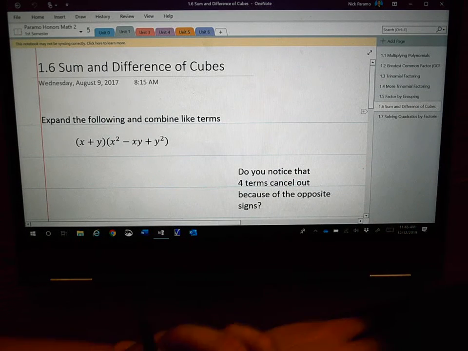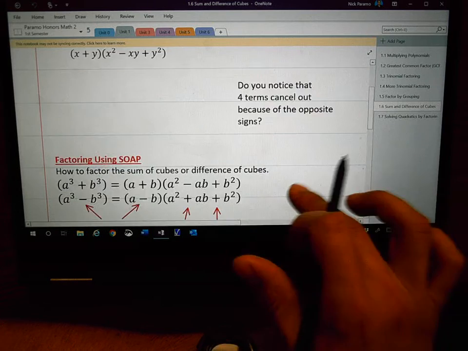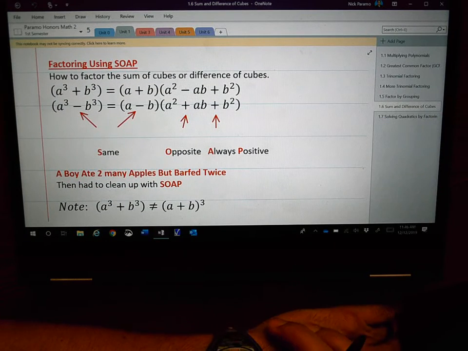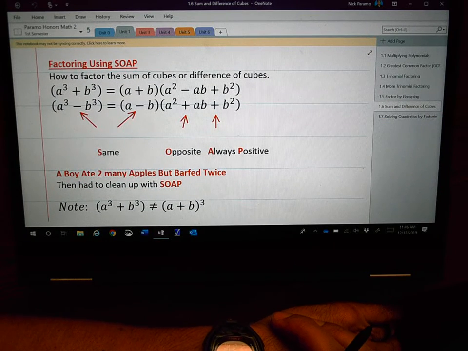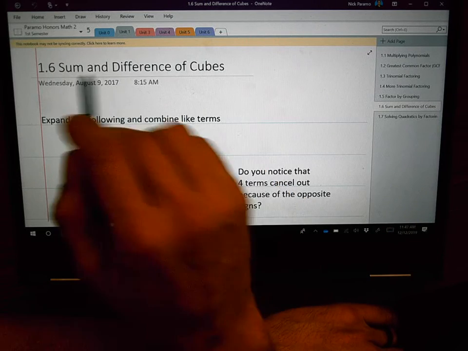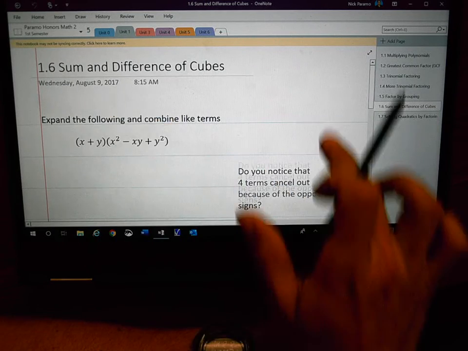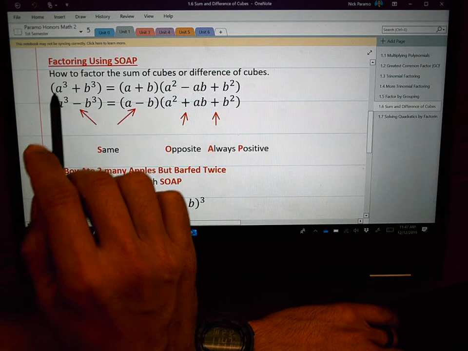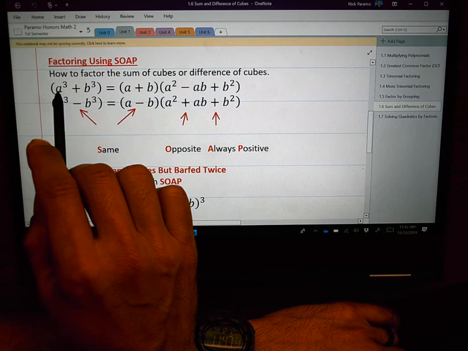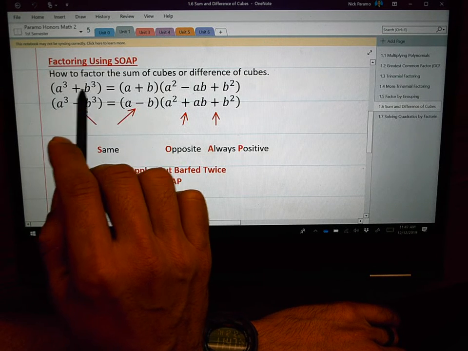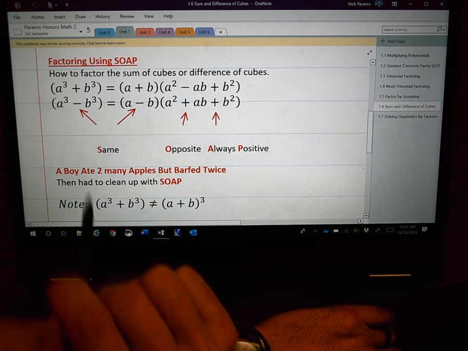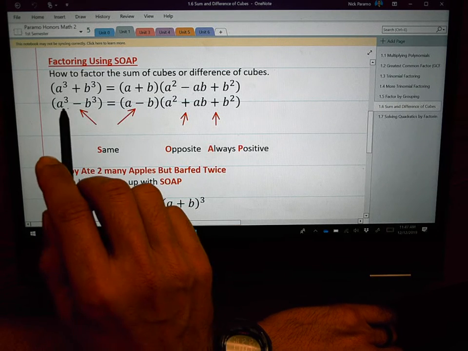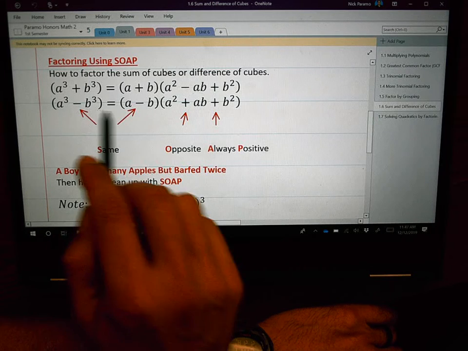The 5th and final way to factor was something called factoring using SOAP. It was for the sum and the difference of cubes. If you have a cube plus another cube and it was in parentheses, you could factor it using this pattern. If you had a difference, you could factor it using this pattern.